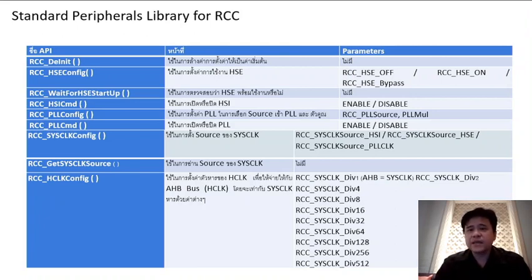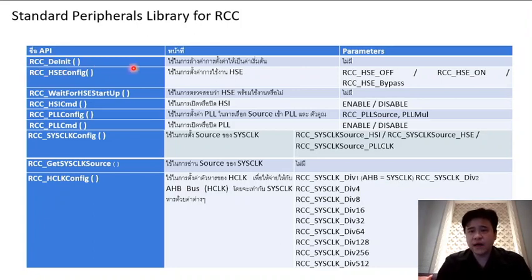They will provide the SPL reference, where you can see the names of the functions and what each function does to your CPU. Let me start with RCC DeInit, the first one. I don't have my pen today, so I just use a laser pointer here.